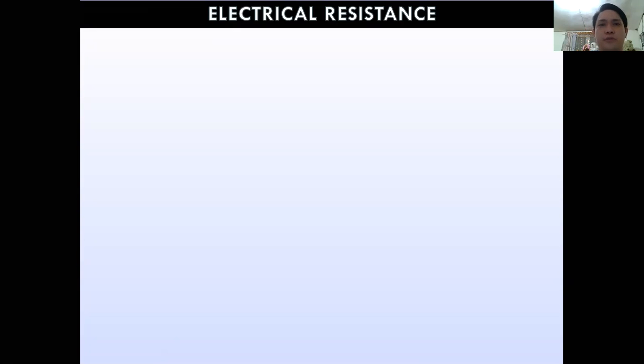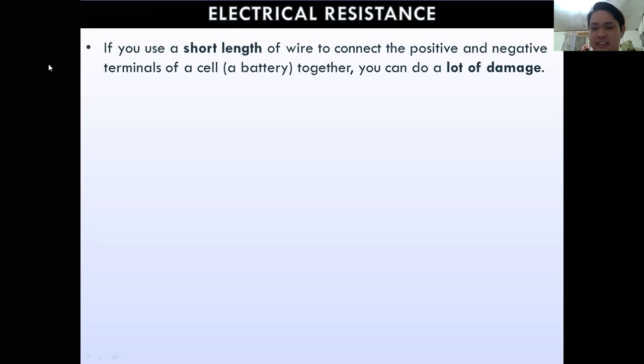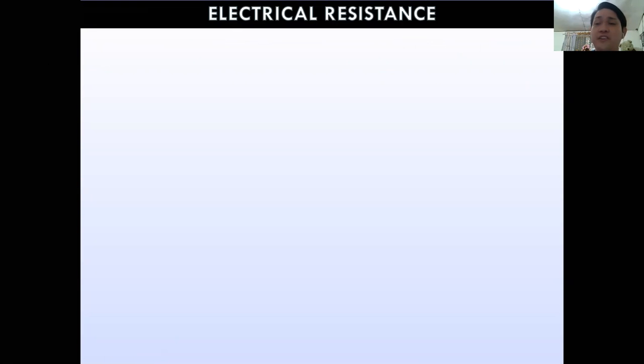Another way to describe electrical resistance is the ability of a material to slow or stop the flow of electric current.